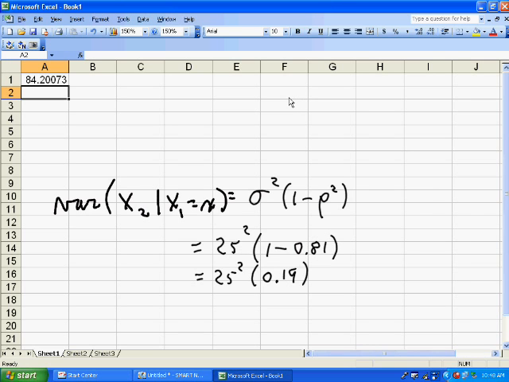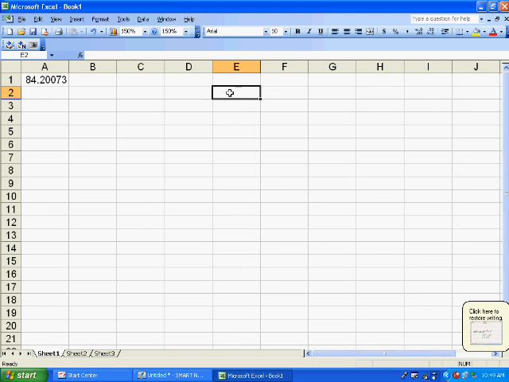Remember that I can't do calculations and have that on the screen at the same time, so I need to do an aside. I'm just going to use this as a calculator for a minute. We have the square root of 0.19 times 25.